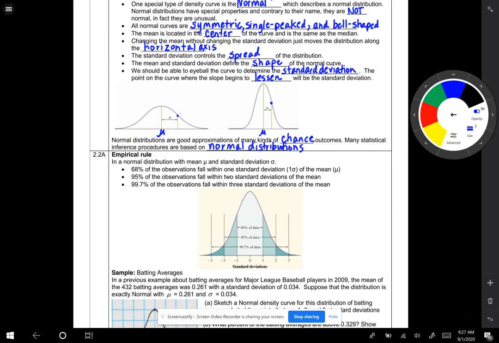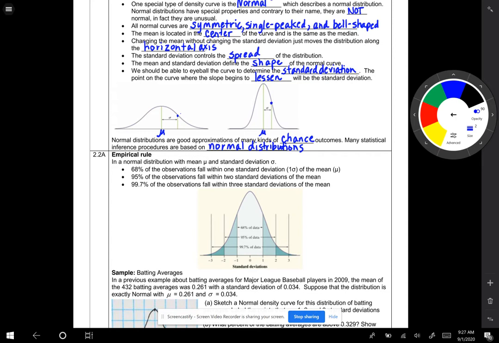So why are normal distributions important in statistics? Well, there are 3 reasons. First, normal distributions are good descriptions for some distributions of real data, and this would include, for example, scores on tests taken by a lot of people, like the SAT exams or IQ tests. And second, normal distributions are good approximations to the results of many kinds of chance outcomes, like I mentioned.